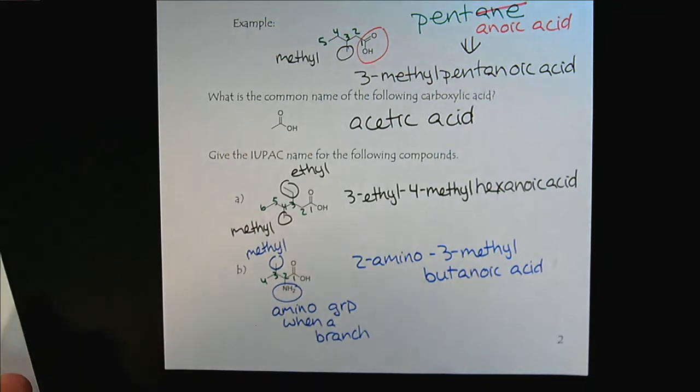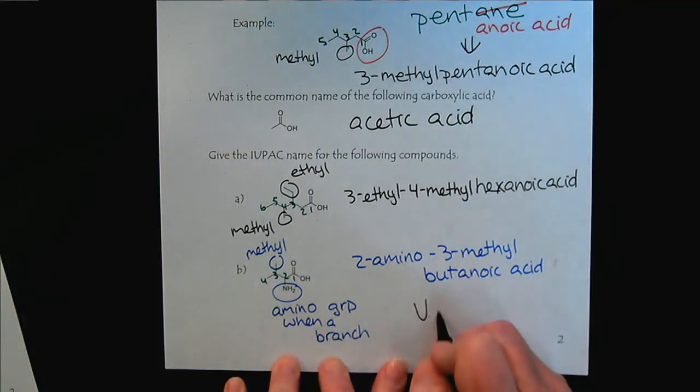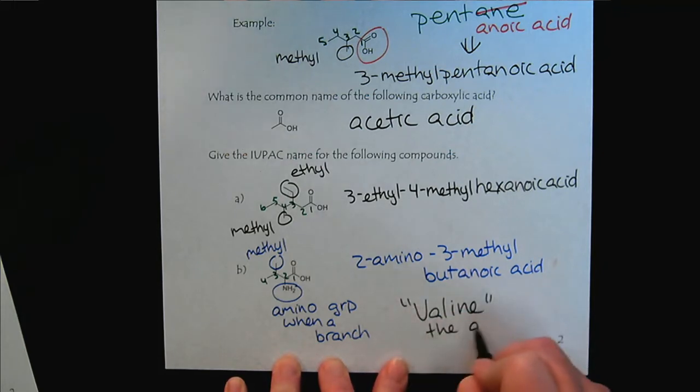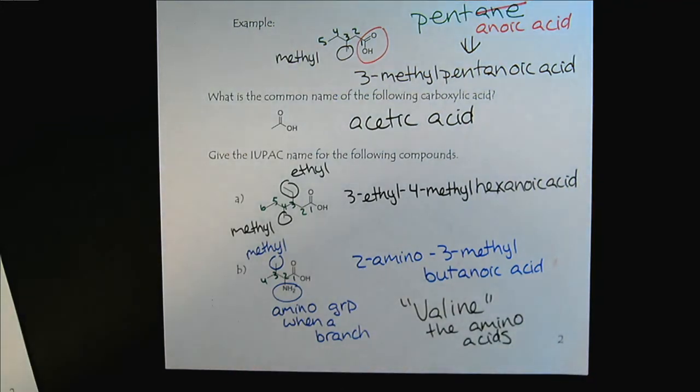When we get to the chapter on amino acids, we will learn that this amino acid is valine. So I won't ever expect you to memorize all of the amino acids, but just a bit of a segue as we get ready to study biochemistry.